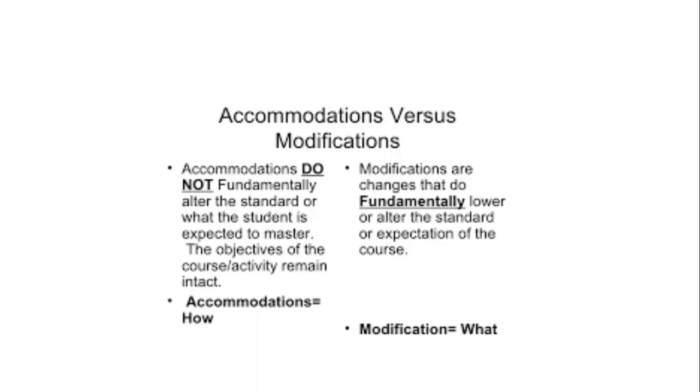And so that's what are we trying to get them to learn, and what are we trying to get them to reach, and that might need to be changed with modification. And so thinking about these 2 different things, then you can go into creating your different ways that you could help struggling students. Are you going to focus on modifying it, or are you going to focus on accommodating it?